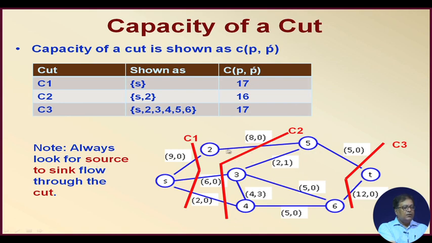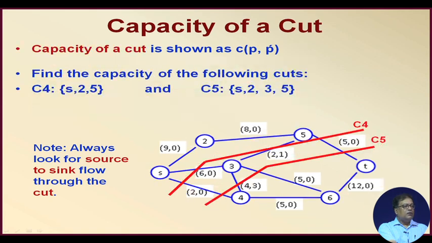Here S and 2 are on one side, 6 and T on the other side, so they are all cut in the forward way. So, it should be 8, 6 and 2, total is 16. And what is the capacity of C3? Because it cuts 5 to T and 6 to T, it should be 17, right. So, these are the capacities of the cuts for this particular network.